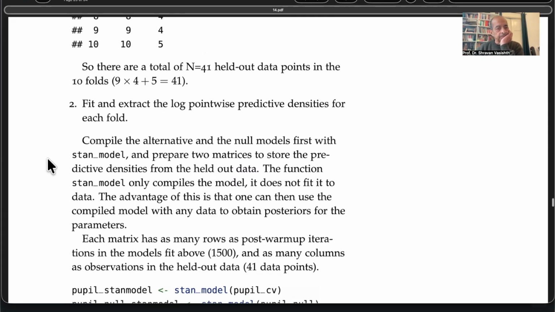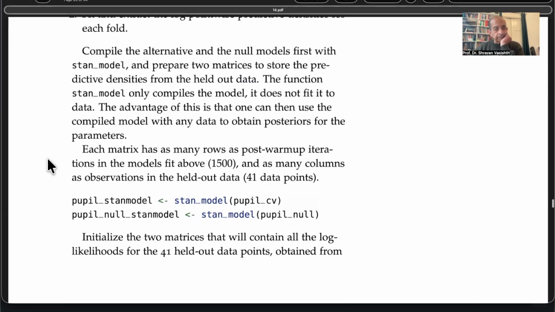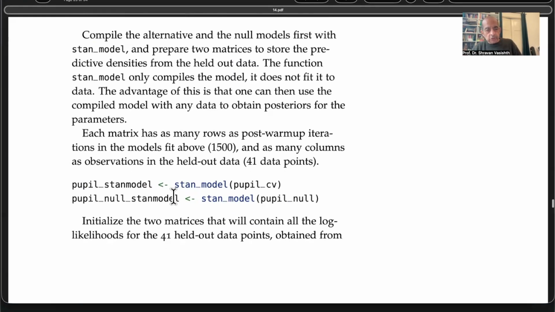First we're going to use this function, which I think you've never seen before. It's called stan_model, and it takes as input the full model and the null model that we extracted from the bcogsci package a few minutes ago. What this stan_model function does is just compile the model.